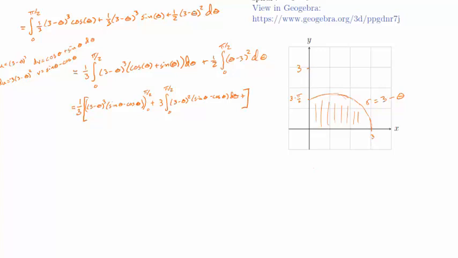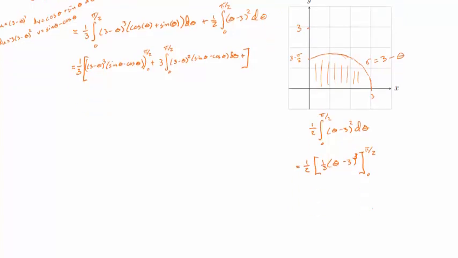So let's work that out over here real quick. 1/2 times the integral from 0 to pi over 2 of theta minus 3 squared d theta equals 1/2 times 1/3 theta minus 3 cubed evaluated from 0 to pi over 2.